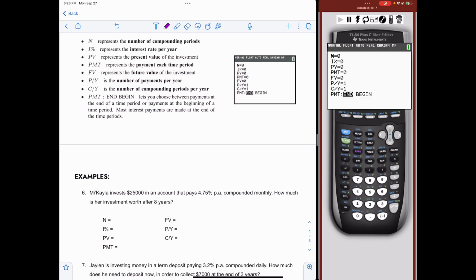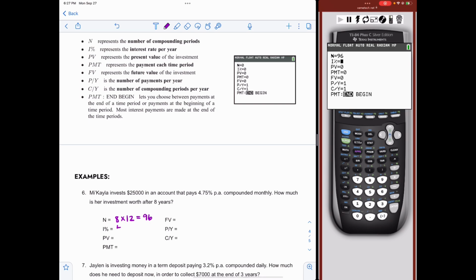That means that the total amount of compounding periods, or the total amount of times that this account is going to get interest payments, is going to be the number of years times the number of compounding periods. So we can say 8 times 12, and we know that 8 times 12 is 96. If you want to type it in the calculator, you can just press 96, or you can type in 8 times 12 and press enter, and it will simplify it for you.